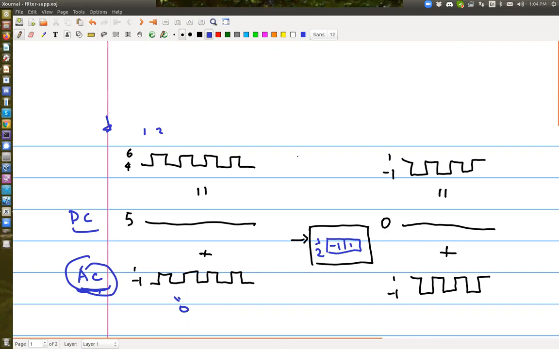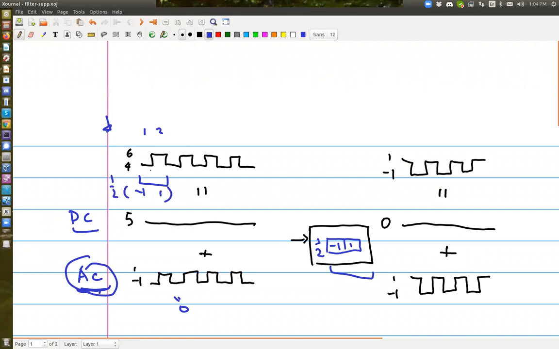Now, if I'm going to apply a filter, you can think of a filter as basically a dot product with this thing moving along here. I would shift it, first put it here, it is -1, 1/2 of them, right?